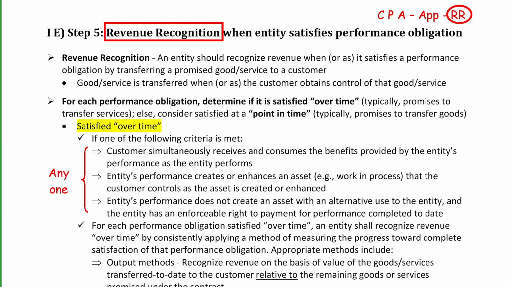So the first one, underline, customer simultaneously receives and consumes the benefits provided by the entity's performance as the entity performs. And right there, for example, software updates or technical support. And we saw that in the example on Infosoft that we had on the previous page.